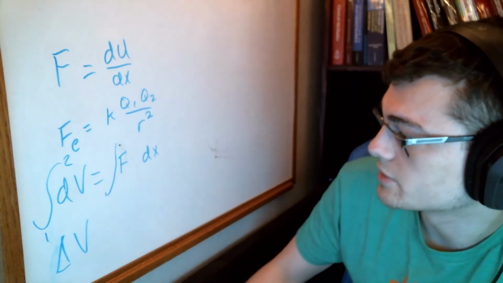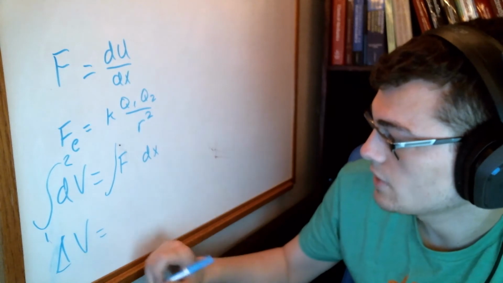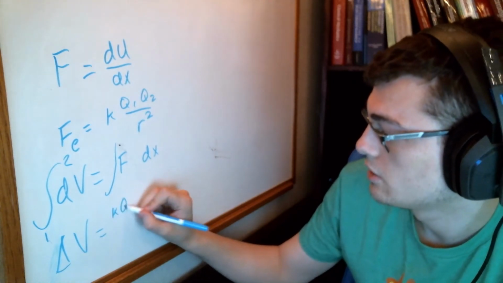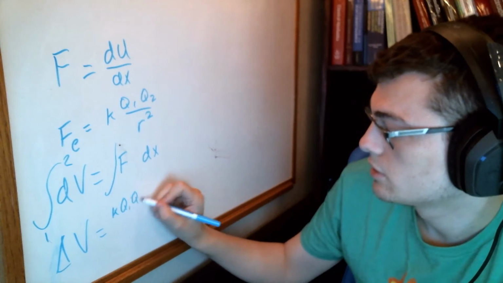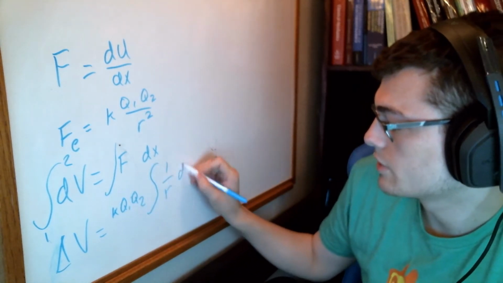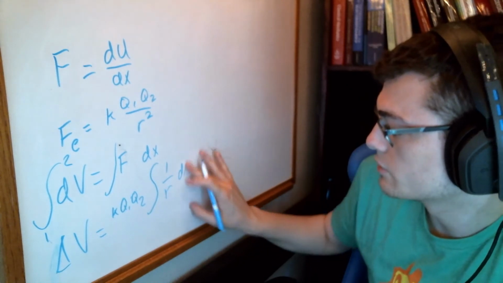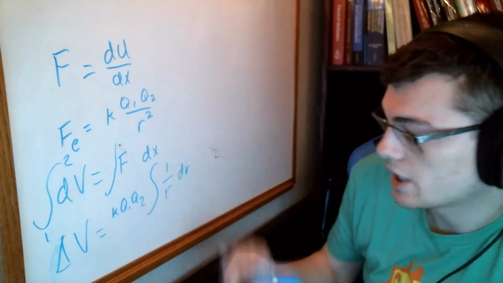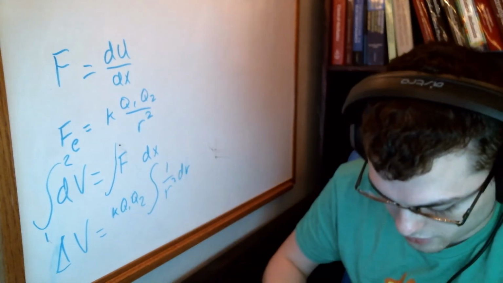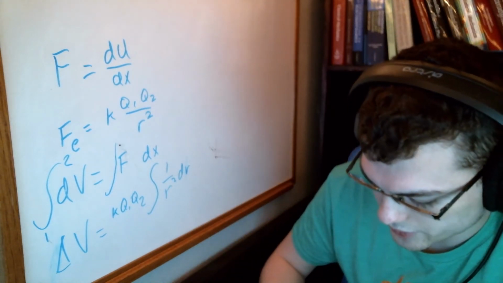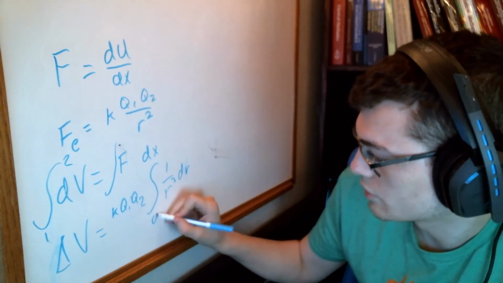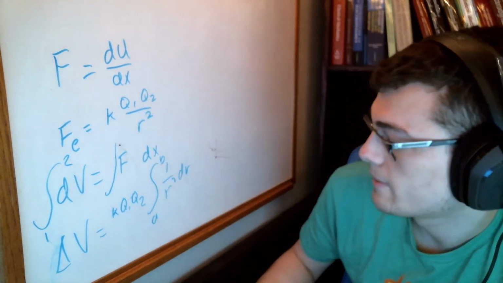Then we can substitute in that this is k q1 q2 times 1 over r squared dx. In this case we'll integrate over r, as we're just integrating in one direction, and this is between 1 and 2, or a and b.